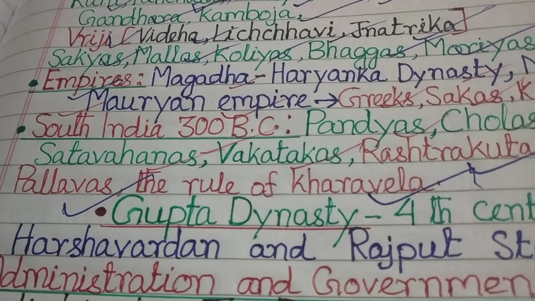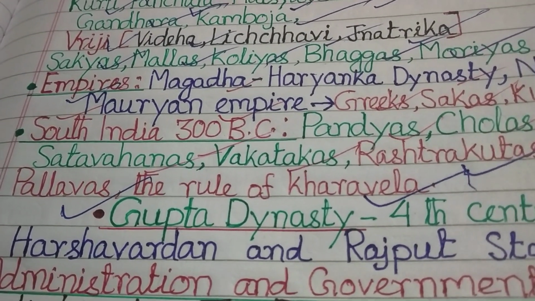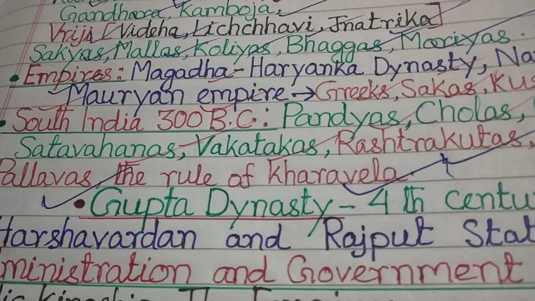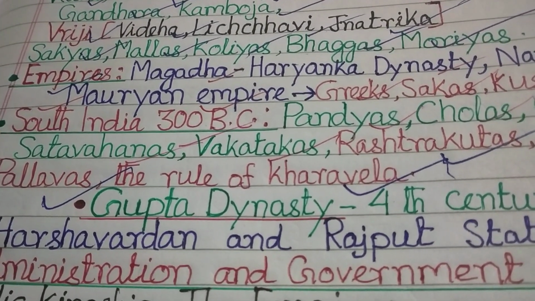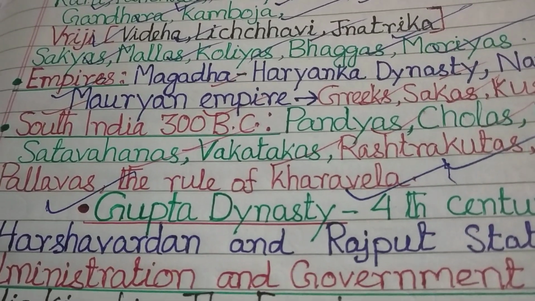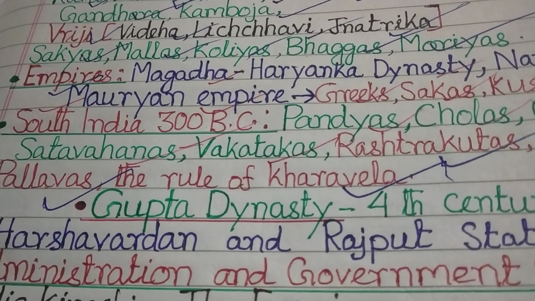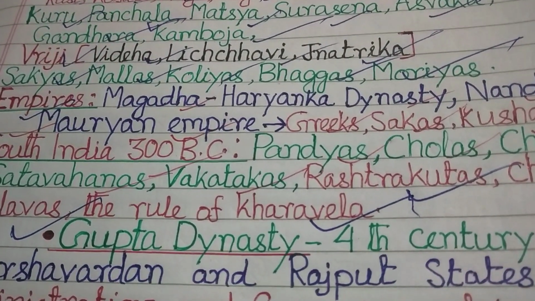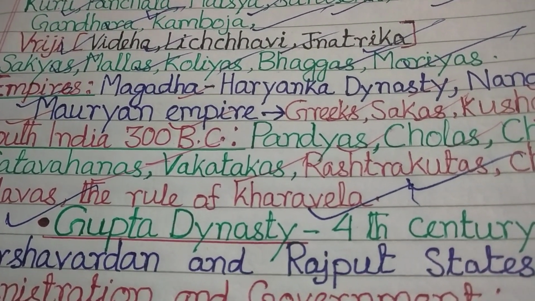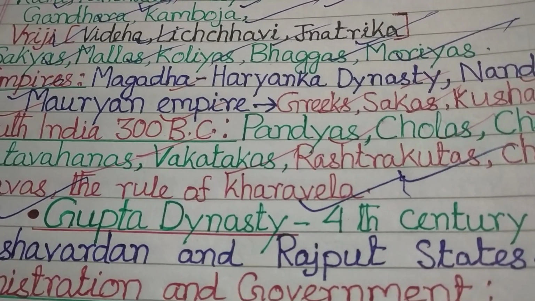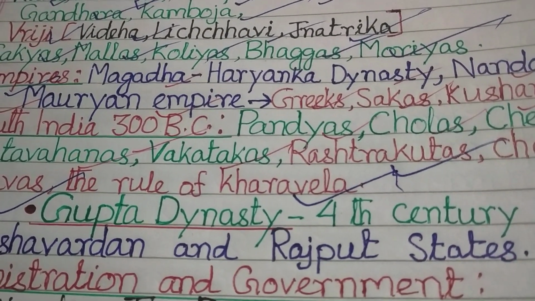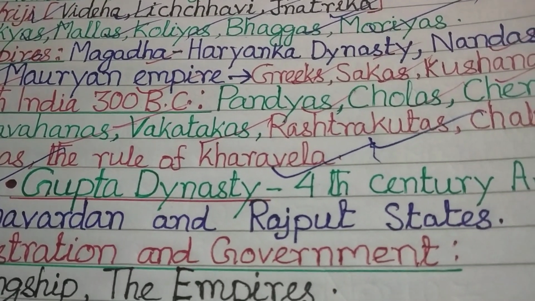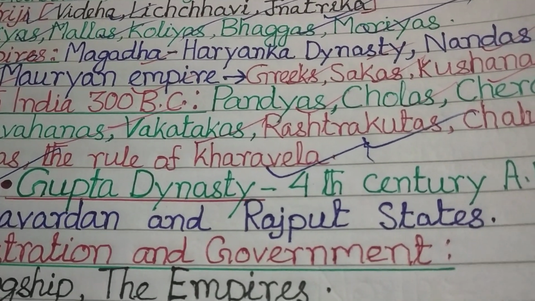Chandragupta Maurya took advantage of the unsettled conditions and, with the help of his advisor Kautilya or Chanakya, built the first great empire in India under Chandragupta Maurya and his two great successors, Bindusara and Ashoka. Almost the whole of India, with the exception of the farthest south, was unified into one empire.